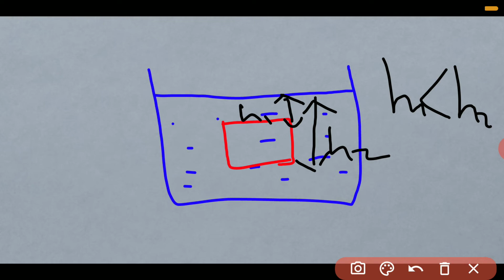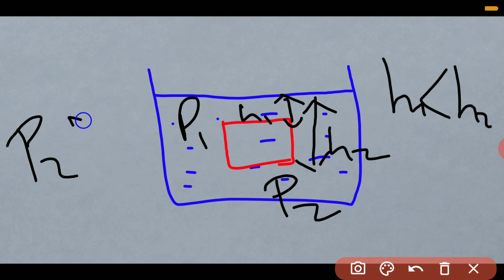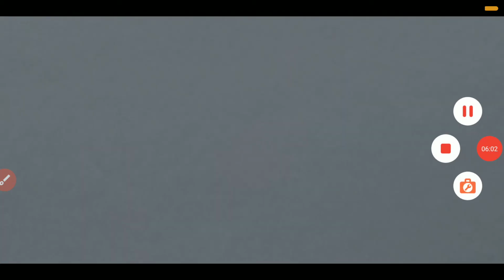If the topmost surface is getting pressure P1 and the bottom surface is getting pressure P2, then P2 is more than P1 because H2 is more than H1. So pressure at the bottom is more than pressure at the topmost surface, and because of this difference of pressure, the upthrust occurs. You will understand this properly when you go to class 9. That's why it is in the do you know box.